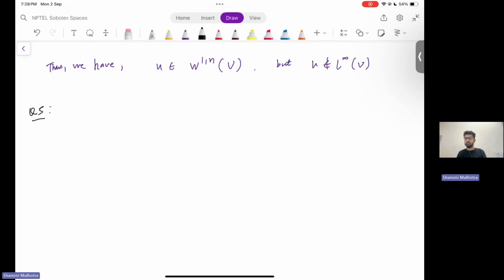So finally, we have one more question, and the results which we saw in classical theory may not always be lifted up to the Sobolev spaces. And so the next question is a reflection of this fact only.